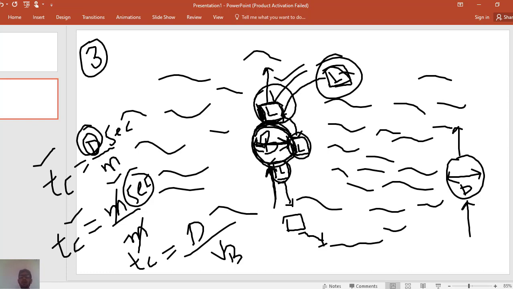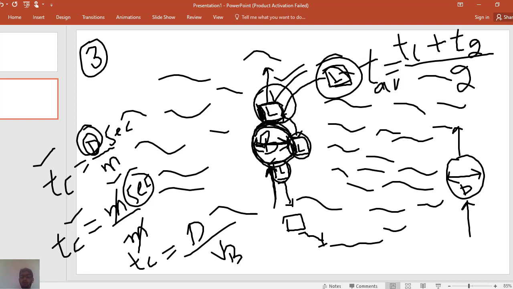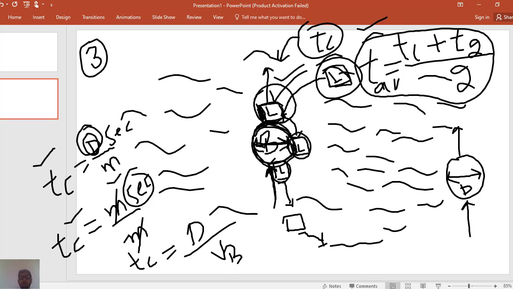Some elements will stay for less time, say t1, while some will stay for a higher time, so we will take their average.